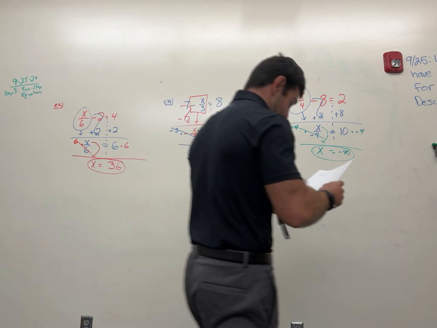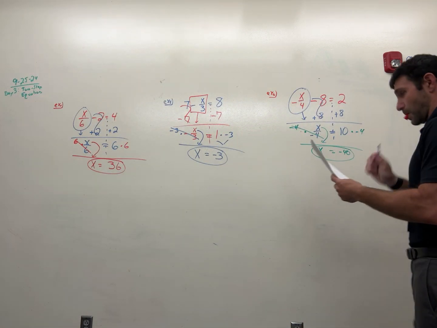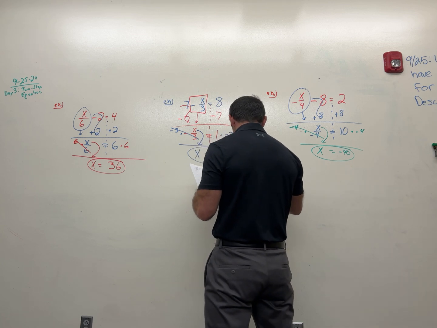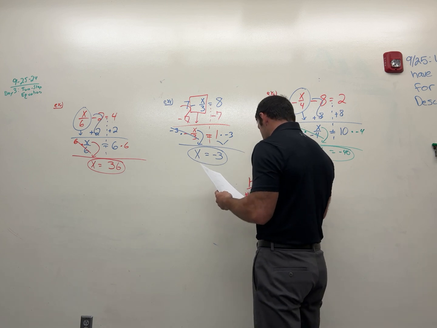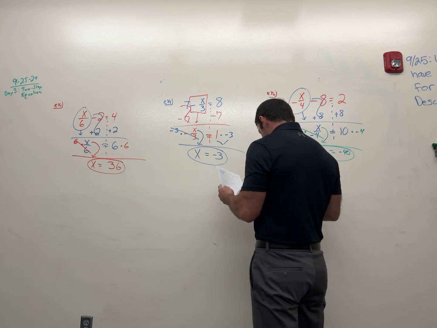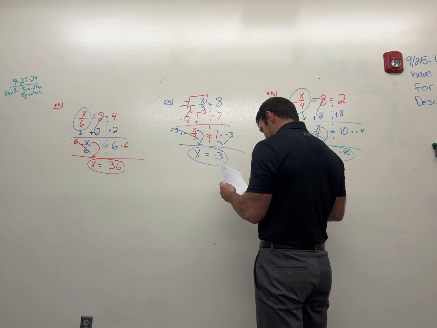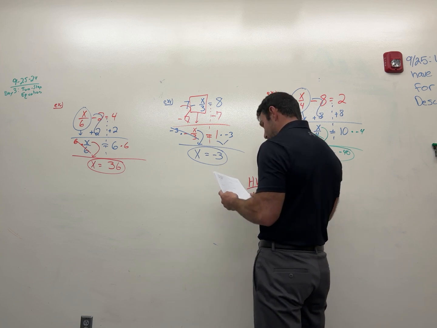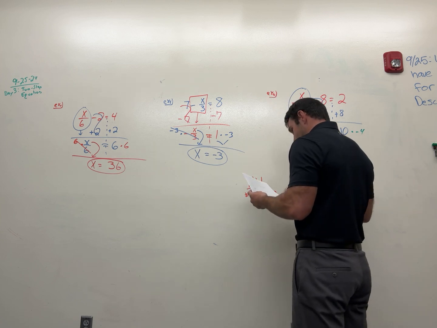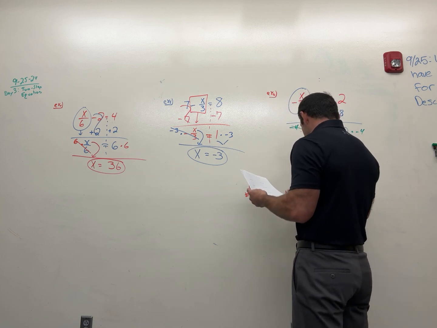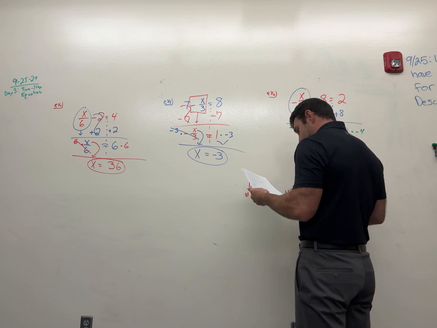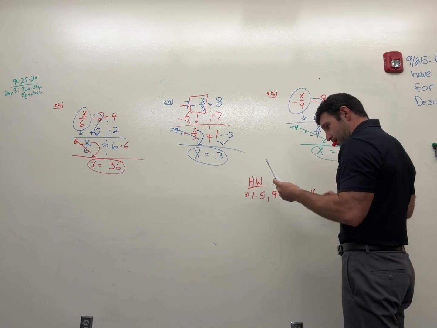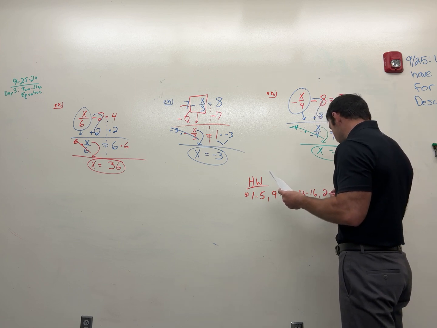So, your homework is numbers 1 through 5, 9 through 11, 13 through 16, and 20 and 21.